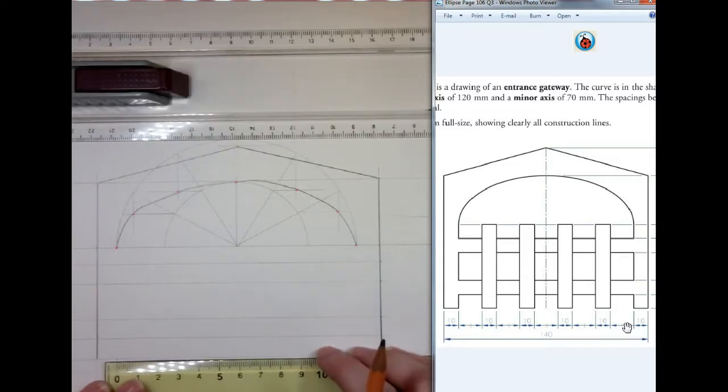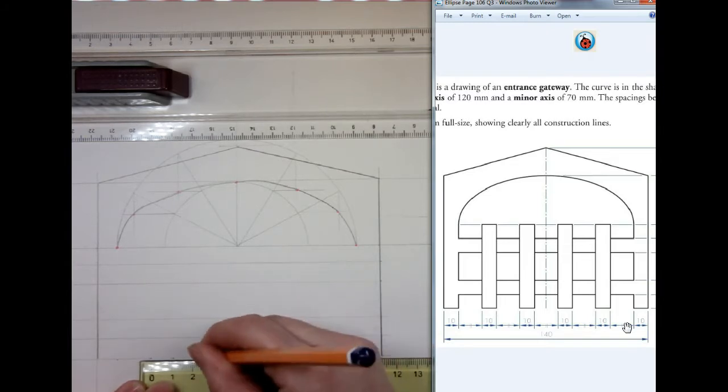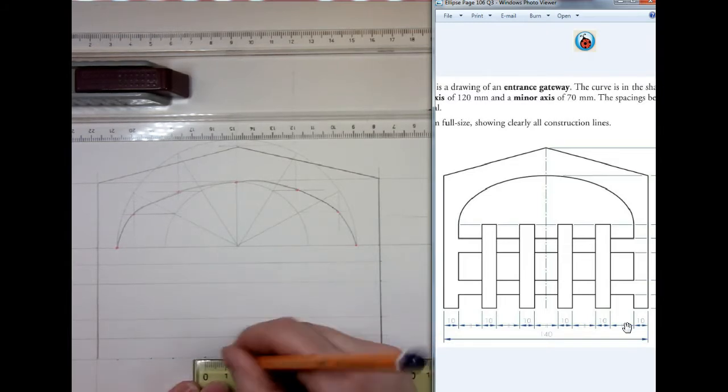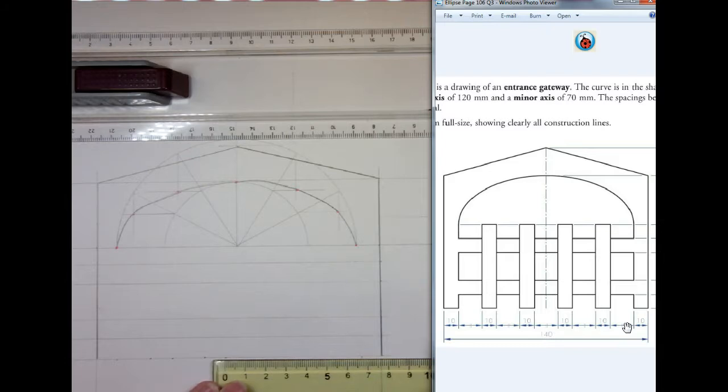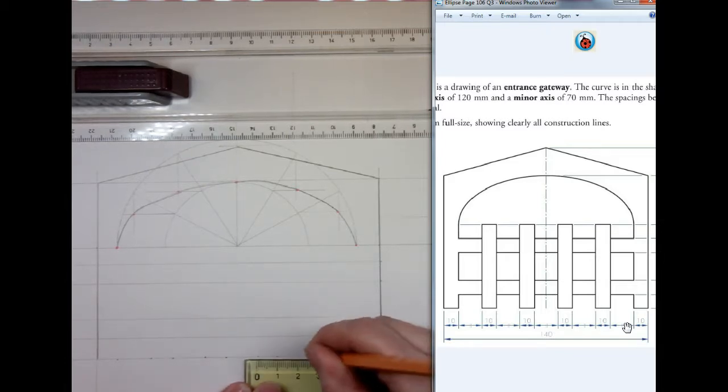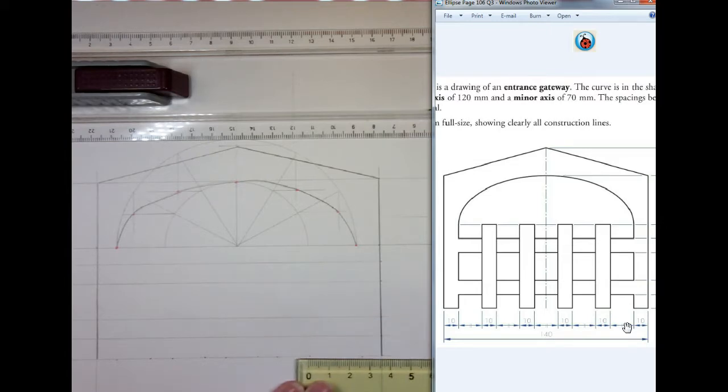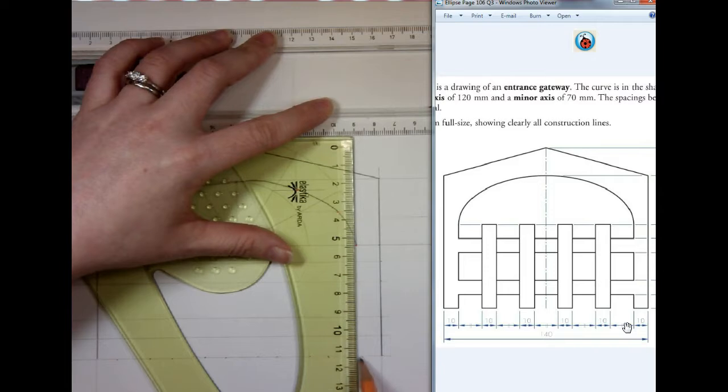So that means I'm measuring 10, 16, 10, 16, 10, 16, 10, 16, 10, and 16. From each of those points, we're going vertically up.